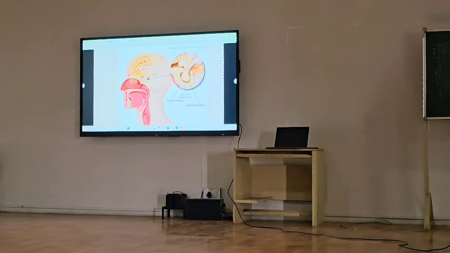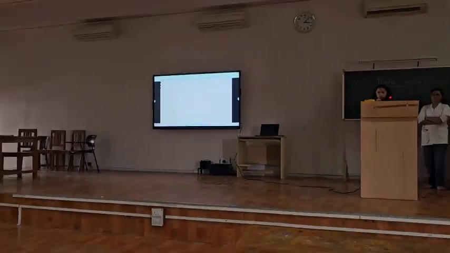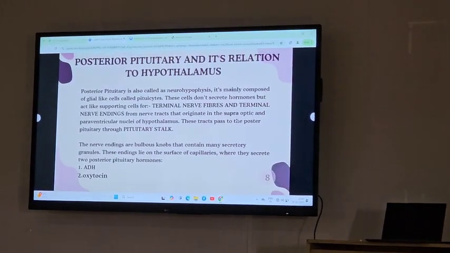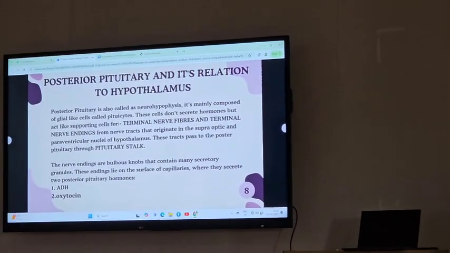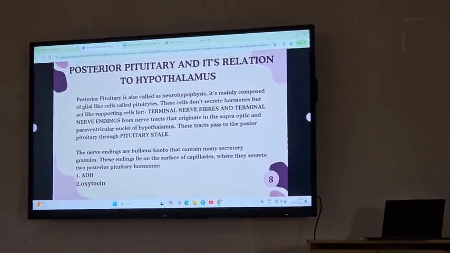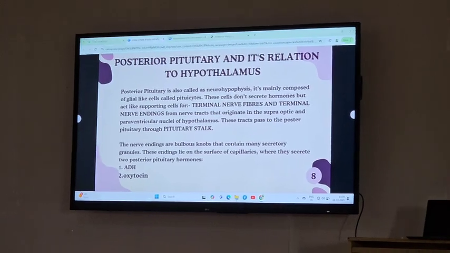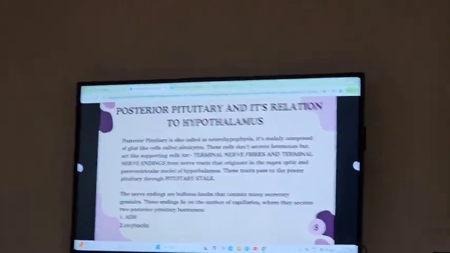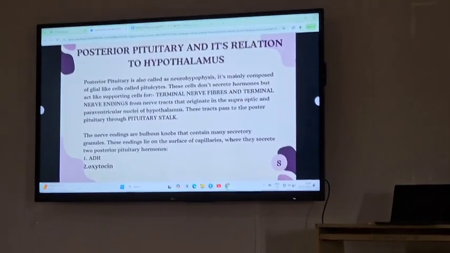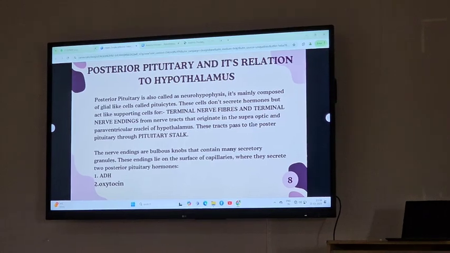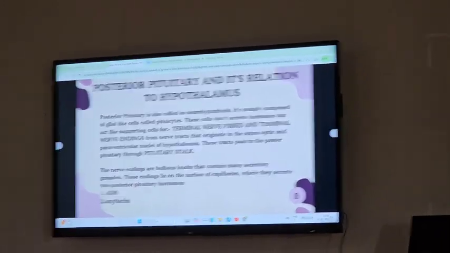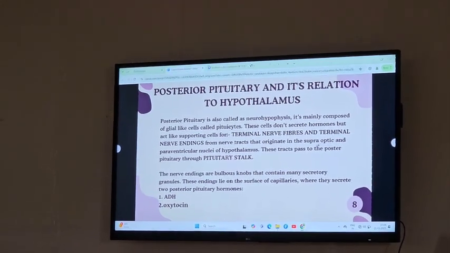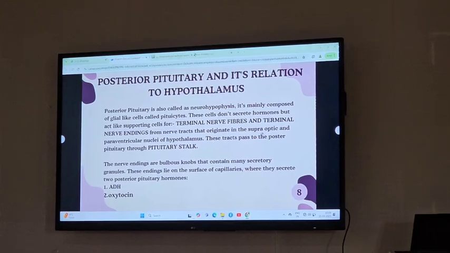Talking about the posterior pituitary gland and its relation to the hypothalamus. The posterior pituitary is also called the neurohypophysis. It's mainly composed of glial-like cells called pituicytes. These cells do not secrete hormones but act as supporting cells for terminal nerve fibers and terminal nerve endings from nerve tracts that originate in the supraoptic and paraventricular nuclei of the hypothalamus.